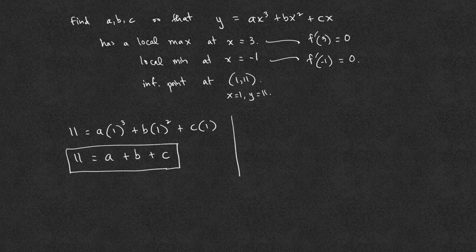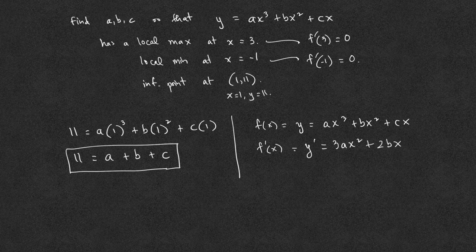But if f of x, or y, equals ax cubed plus bx squared plus cx, then f prime of x is y prime, which is 3ax squared plus 2bx plus c.